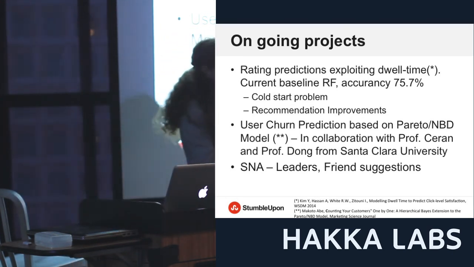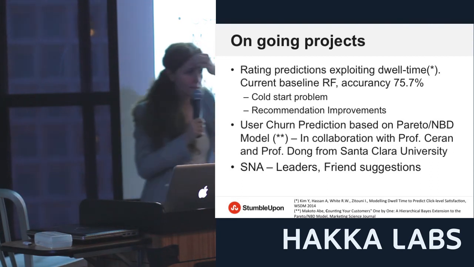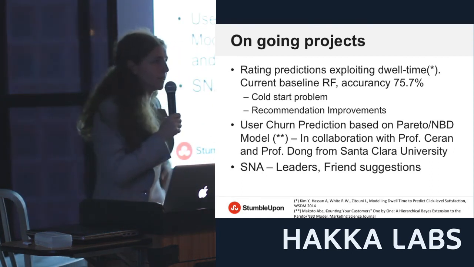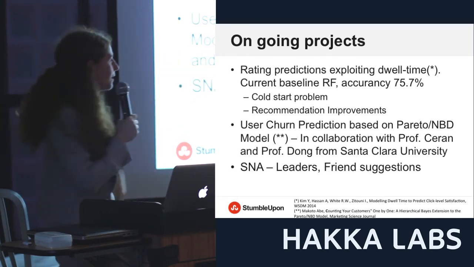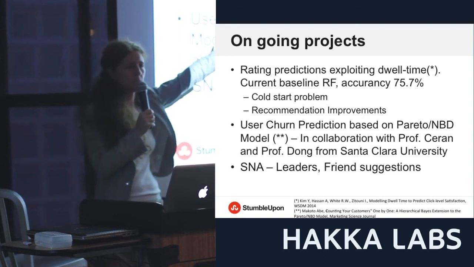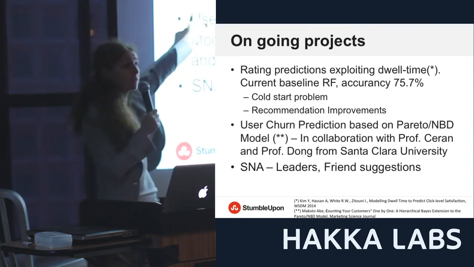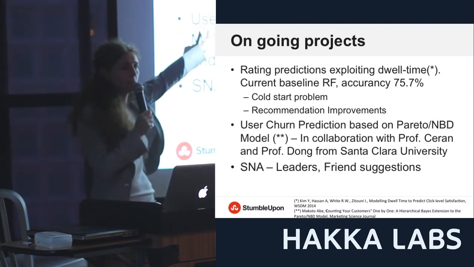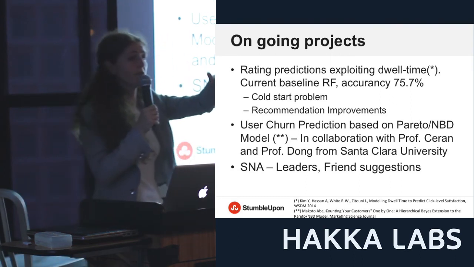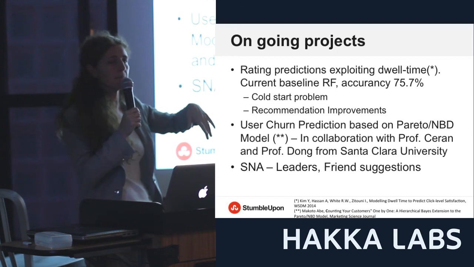The current baseline with random forest has an accuracy of 75.7, but this is our baseline. This is an extremely important project. It's going to help a lot with the cold start problem. As I told you, we have a limbo state in which pages are held for 24 hours or a minimum number of stumbles.